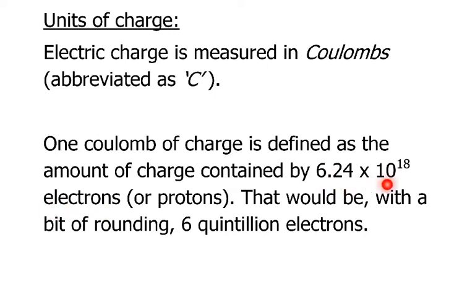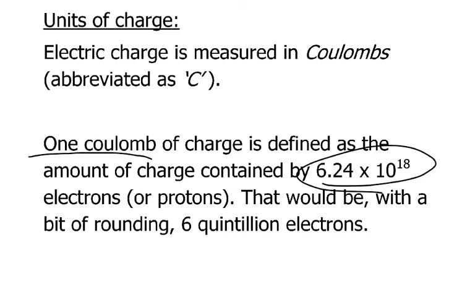Then it would take 6.24 times 10 to the 18th units to make up 1 coulomb. 1 coulomb is this number. Now what is that? That's about 6.24 quintillion electrons. Yeah, that's a lot. So, anyways, that many electrons makes up 1 coulomb.